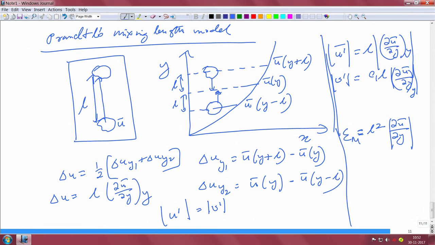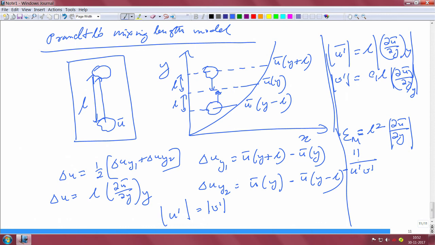In other words, this was also equal to u prime v prime bar, basically minus of that, because that is exactly what your model is.